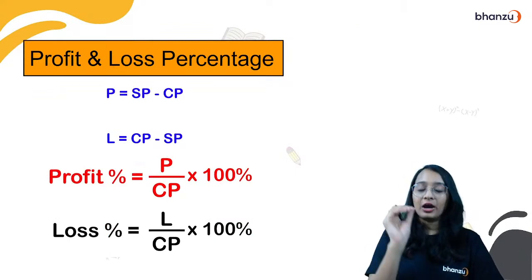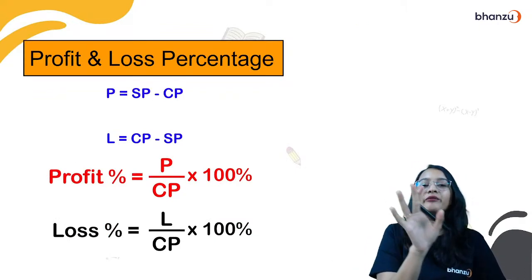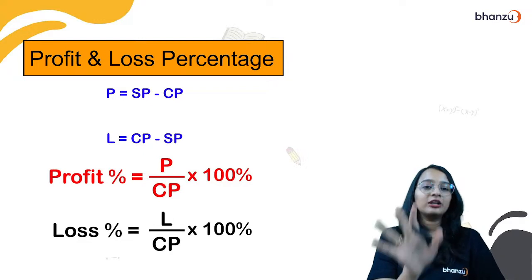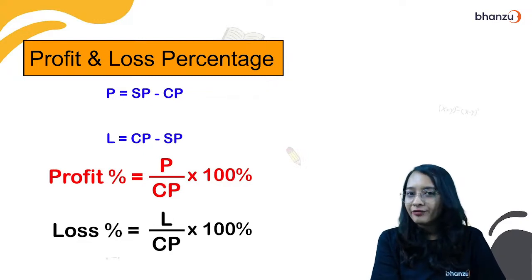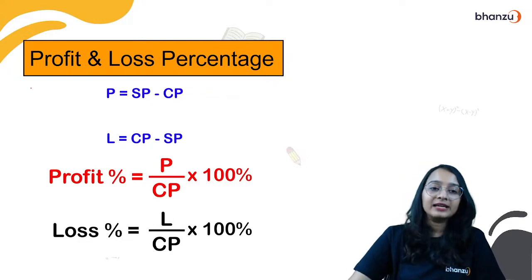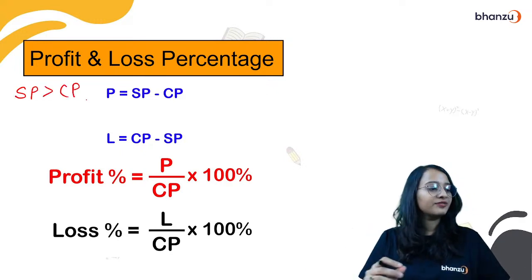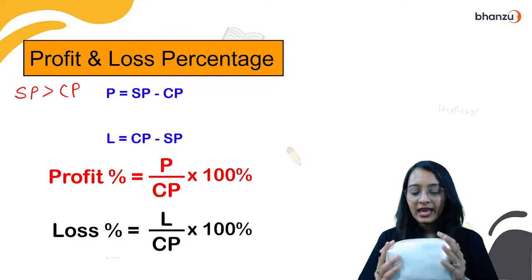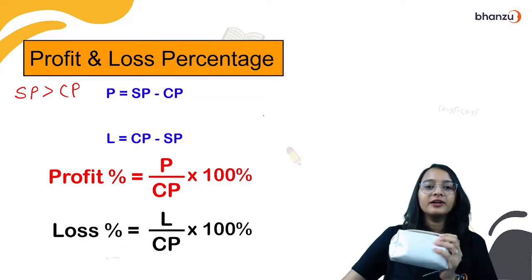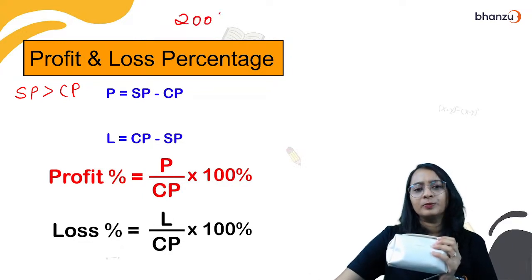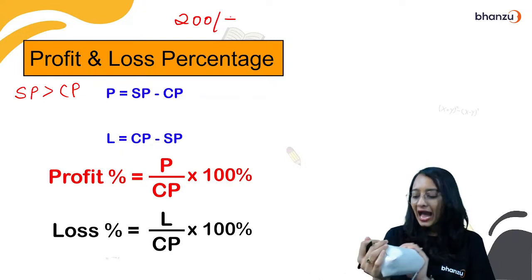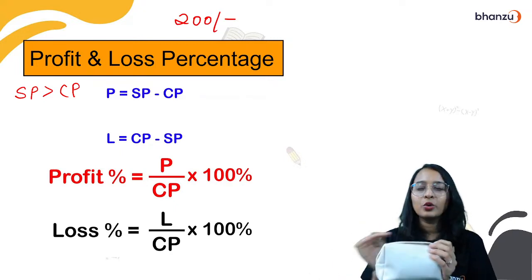All right. Now, the same logic we are going to use in profit and loss. Now, when do you say you have got a profit? When the selling price is greater than the cost price. For example, I have this pouch with me. I bought this pouch for 200 rupees, let's say. Now, I didn't like the color of the pouch. I was like, oh no, I don't want this color.